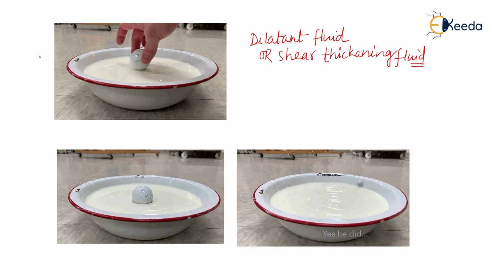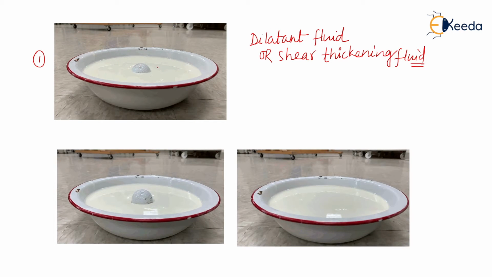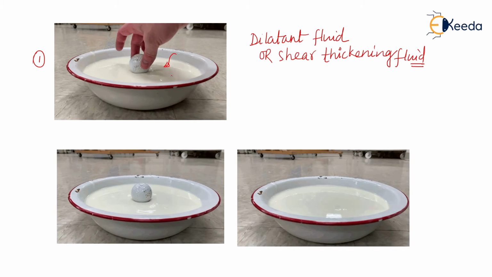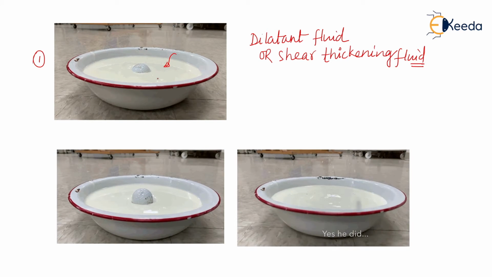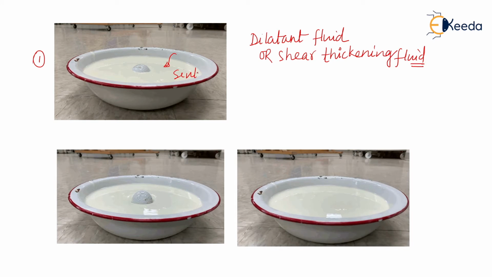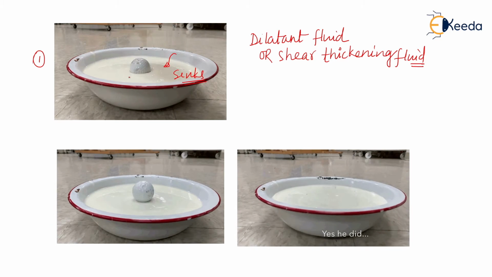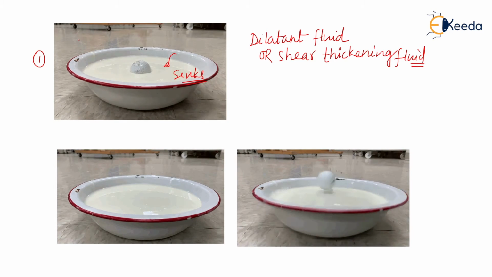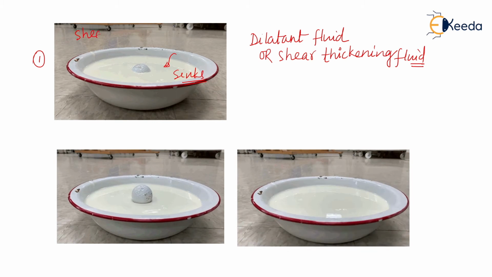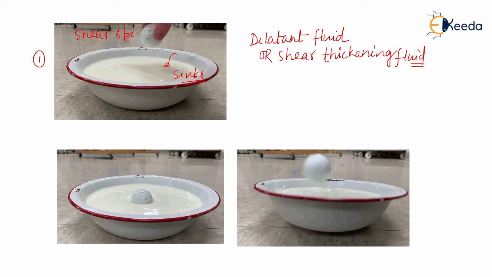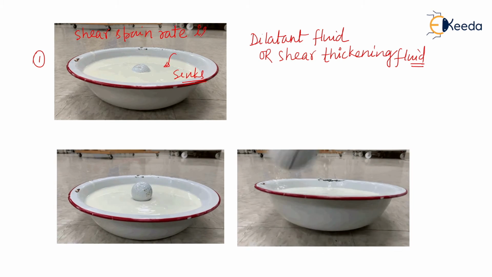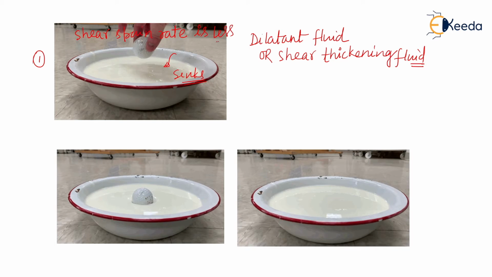See, in this example, in the first case, a golf ball is just gently placed onto the surface. So what we see, it sinks. Basically, it sinks pretty easily. Why is that so? Because in the very first case, we know that shear strain rate is less.